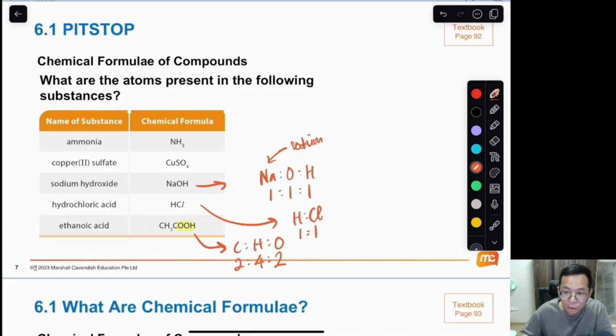In this case, you don't have to simplify it because the chemical formula of ethanoic acid is as such. It's CH3COOH, 2 carbon, 4 hydrogen, 2 oxygen. You will learn more about ethanoic acid and other organic compounds next year.